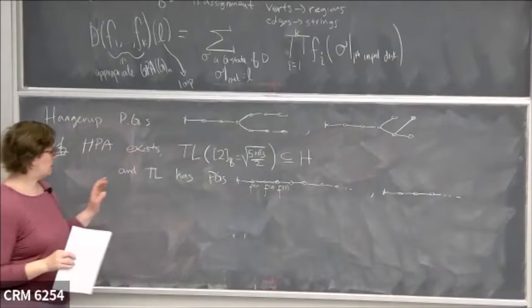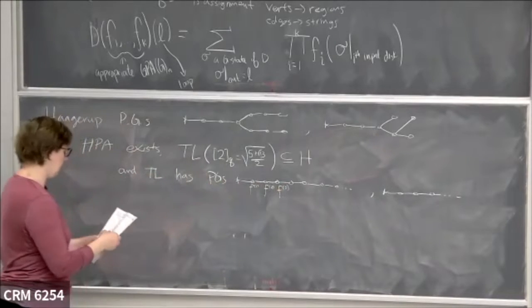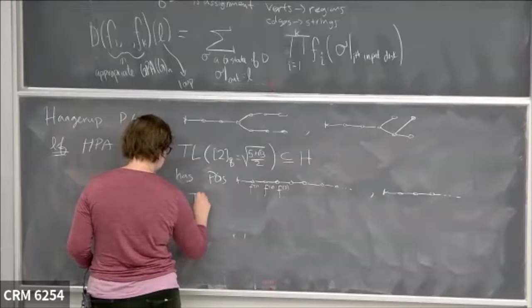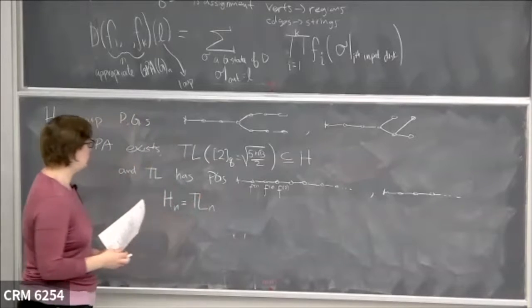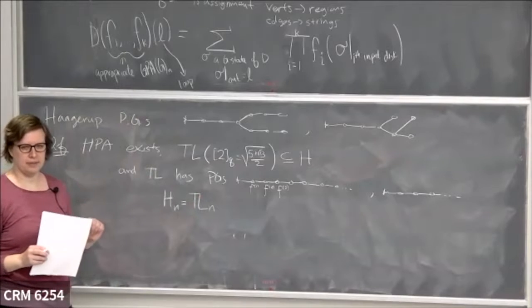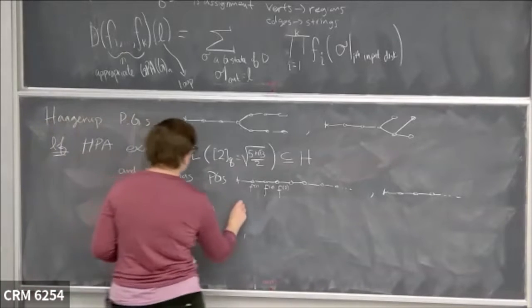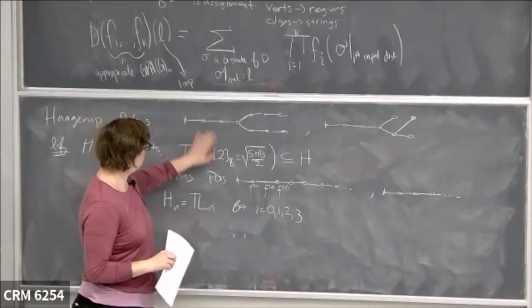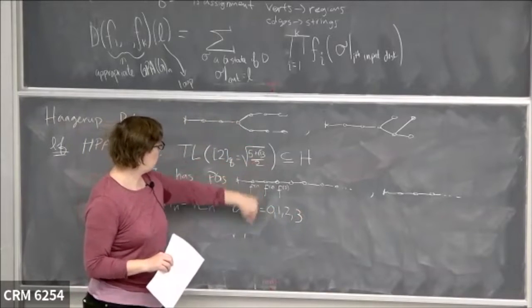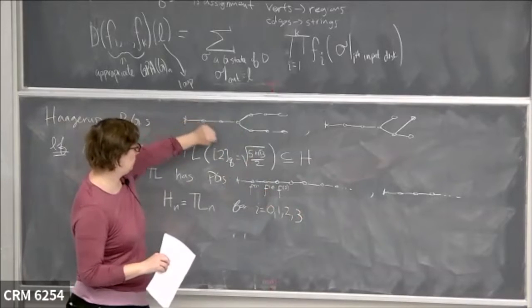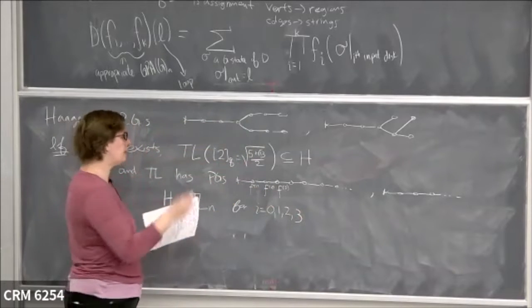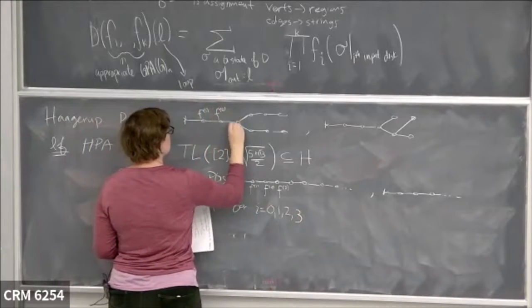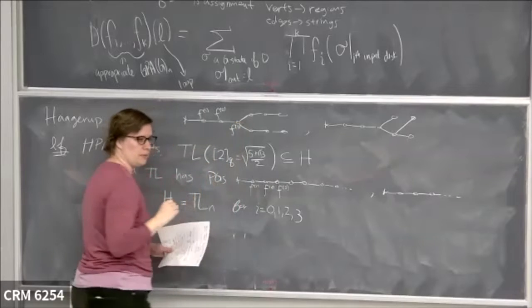I draw this because what I want to claim is this. That for the first few steps, the Haagerup planar algebra looks like the Temperley-Lieb planar algebra. That there are 3 vertices along the way where you have nothing more than you have here, because these projections still exist inside the Haagerup planar algebra.